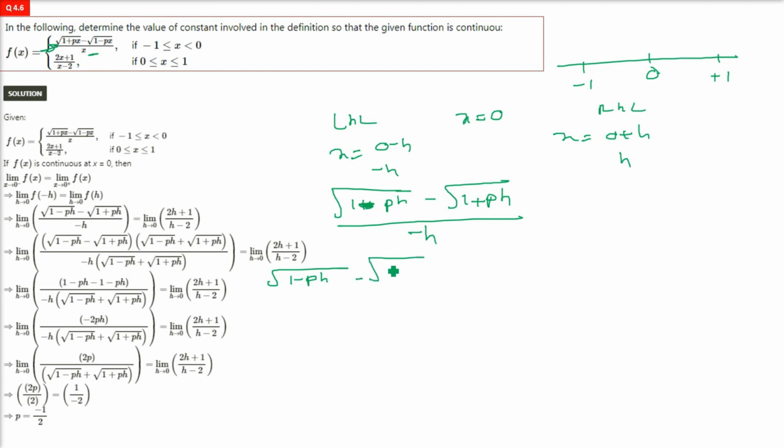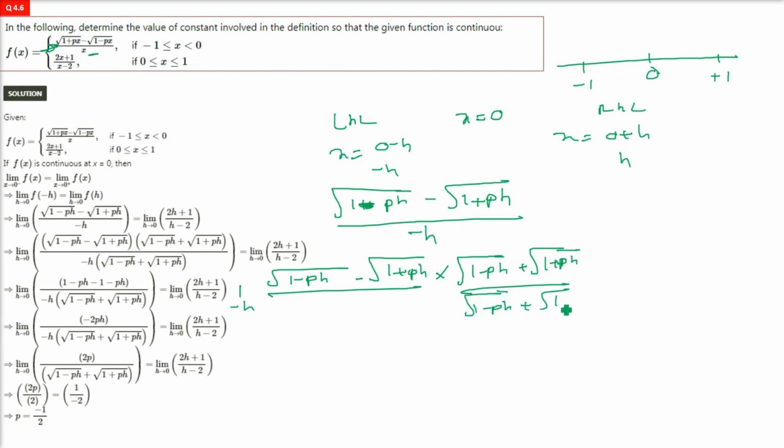Same numerator with a positive sign, we are going to multiply in the numerator and denominator. So under root 1 minus ph minus 1 plus ph, and minus h I am taking just to give a little bit of space. Under root 1 minus ph, same thing with plus sign. But we have to multiply this in numerator as well as denominator, right? So once you do this, the numerator will be a minus b, a plus b, which is a squared minus b squared.